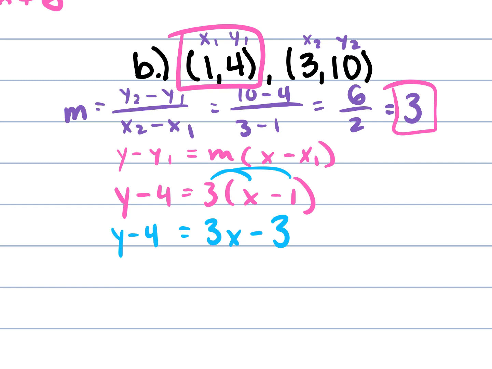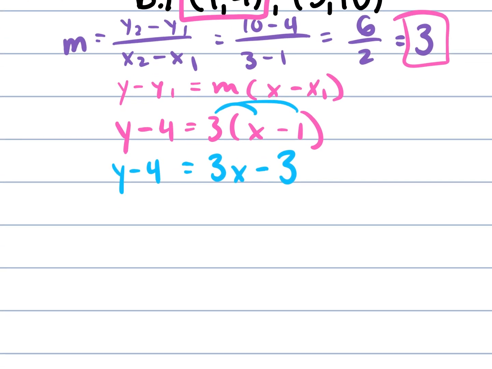So y minus 4 is equal to 3x minus 3. Now I need that y to be alone. How do I get the y all by itself? Add 4 to both sides. Perfect. Since it's a minus 4, I do the opposite and add 4 to the other side. So y is equal to? 3x plus 1. Awesome. Great job, guys.